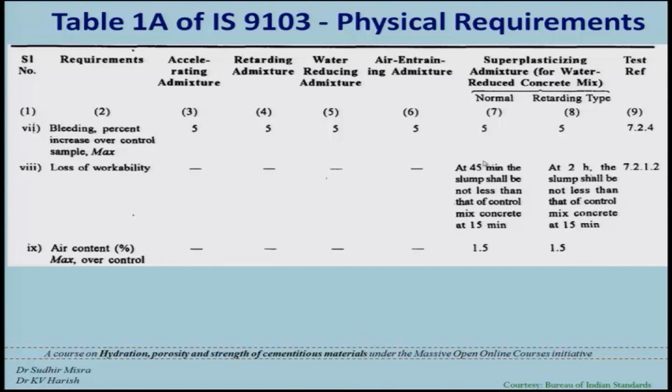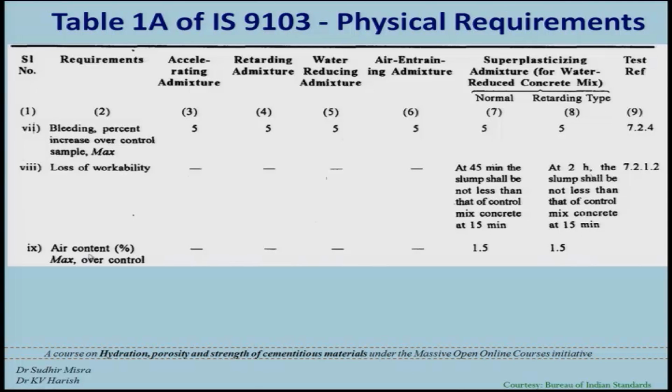For superplasticizing admixture, at 45 minutes the slump shall be not less than that of the control mixed concrete at 15 minutes. This is for the normal case. For the retarding case, at 2 hours the slump shall be not less than that of the control mixture at 15 minutes.